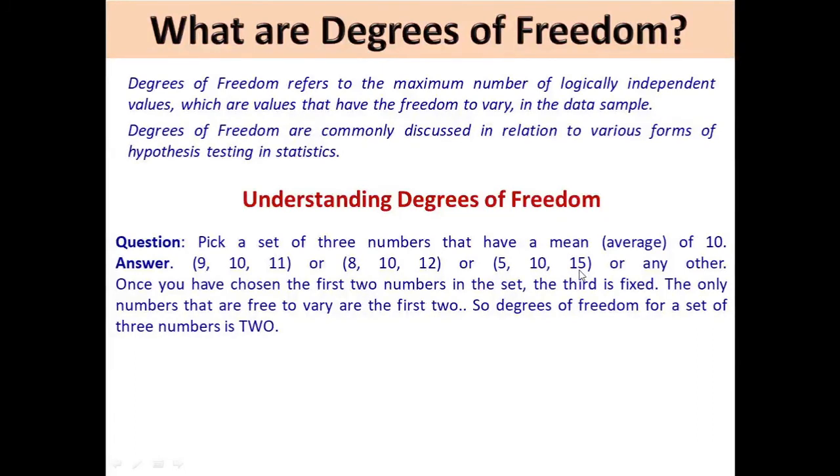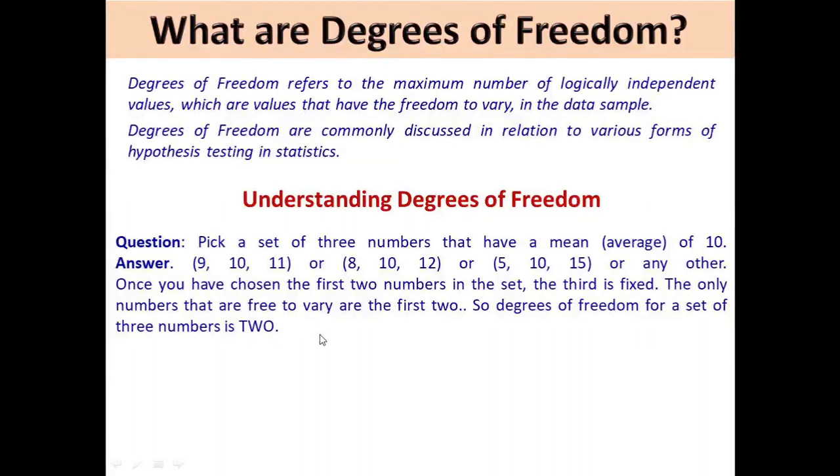Therefore, you cannot choose the third item freely in this set. The only numbers that are free to vary in any of these sets are the first two numbers. And the number of values in a set which are free to choose is known as degree of freedom. Therefore, in this set, the degree of freedom is 2.